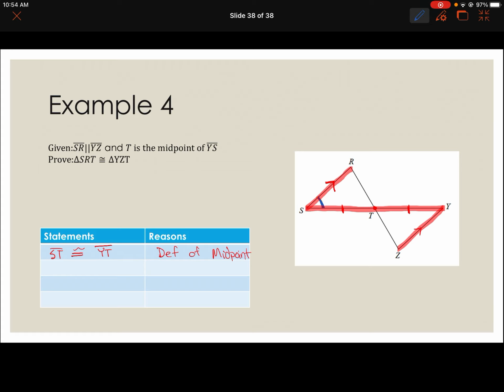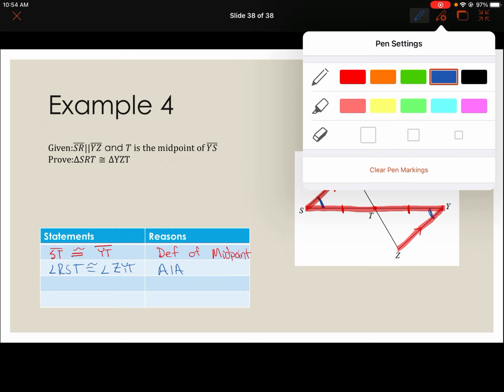We're going to get angle RST is congruent to angle ZYT. So angle RST is congruent to angle ZYT. And that's going to be, again, because they are alternate interior angles.